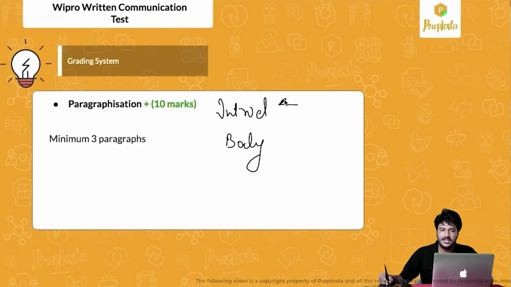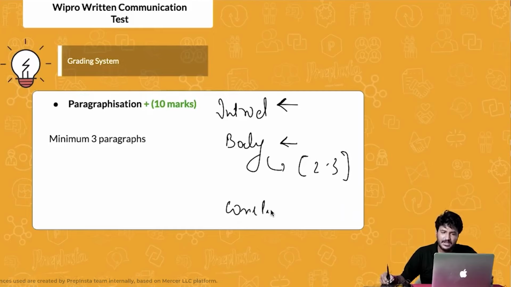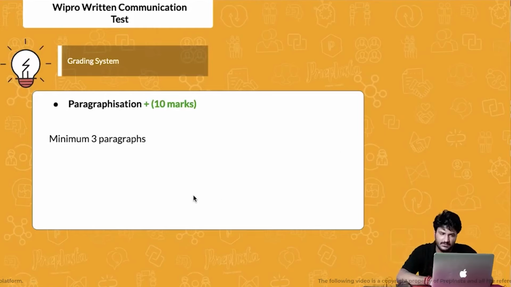You first introduce the topic, and then in the next paragraph you discuss it. Maybe you give 2-3 points regarding the body itself. You break down the body into 2-3 small paragraphs, and then finally one would be the conclusion, right? I will also cover more about the introduction, body, and conclusion later in the video. So the paragraphization is 10 marks.